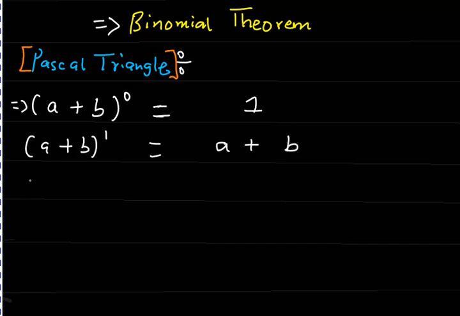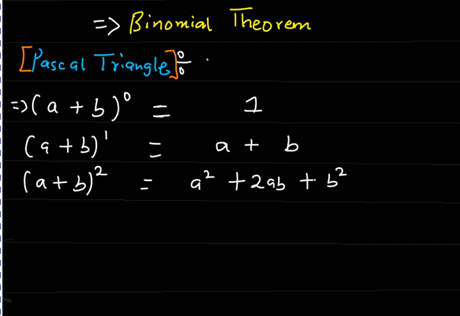Now let's look at the expansion to the power of 2. If I expand this to the power of 2, I will have a square plus 2ab, then plus b square. This is called Pascal triangle, as you can see. As I continue in my expansion, you notice that the terms are increasing.